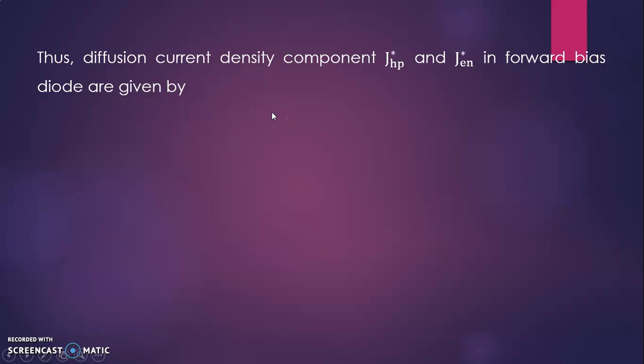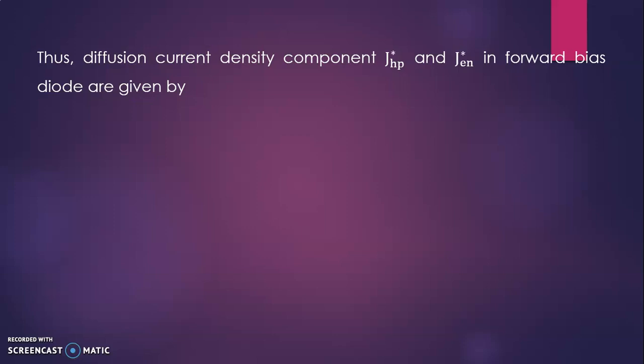I am repeating this: in this equation we are going to write the diffusion current density component of holes in the P side and the diffusion current density component of electrons in the N side when this diode is connected in forward bias.